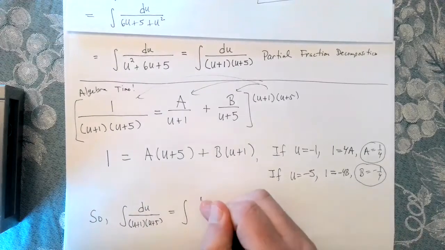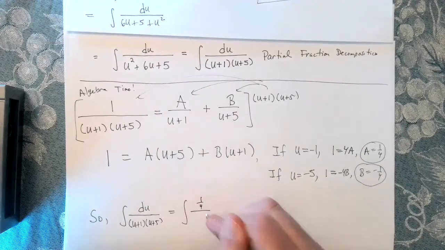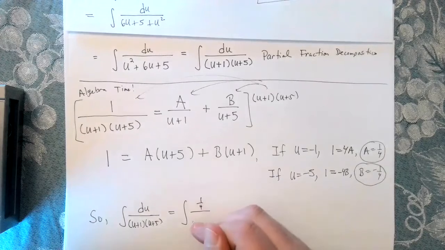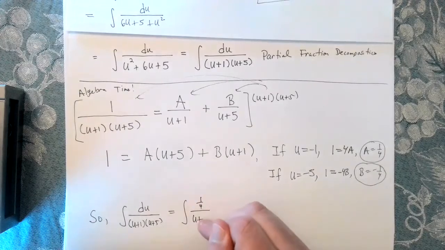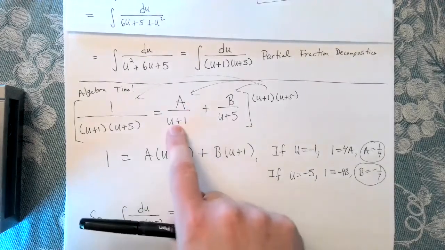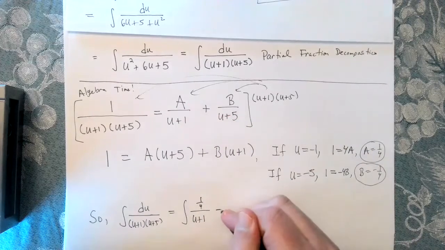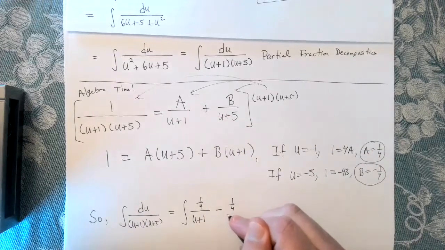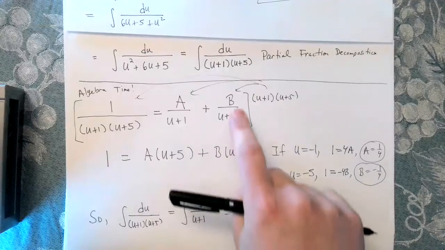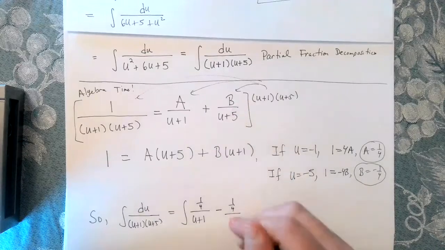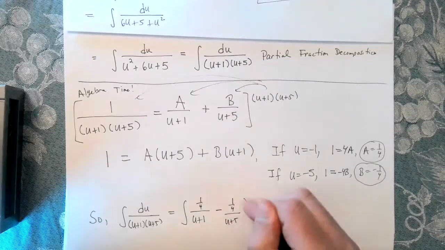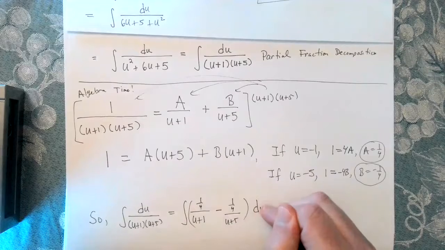So A we said is a quarter. Don't let that fraction bother you. It's just some constant. We can factor constants in front if we want. Over u plus 1. So that's A over u plus 1. And then B we said is -1/4. I'm going to write it like this. So -1/4, and then B goes over u plus 5. That'll be du.